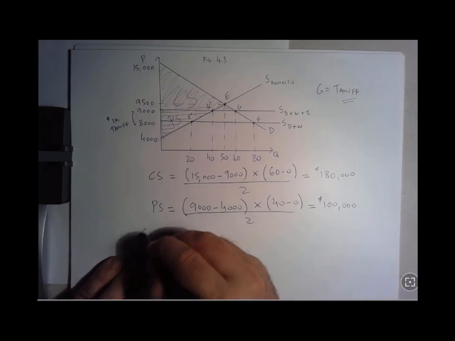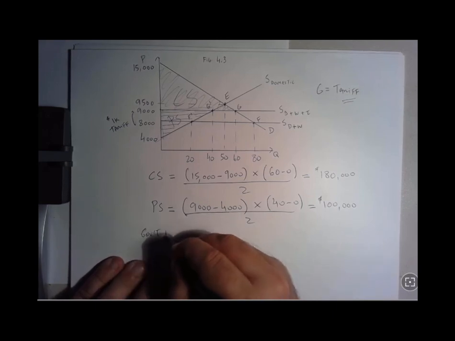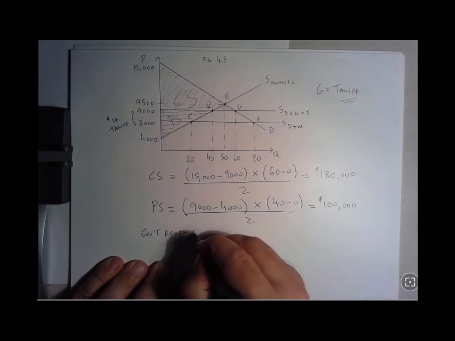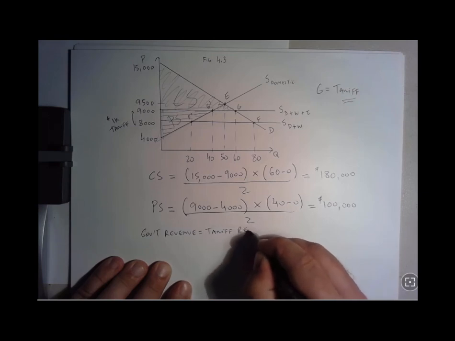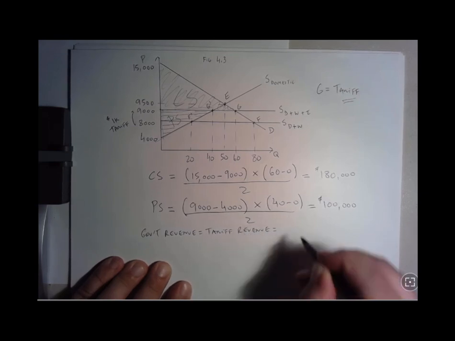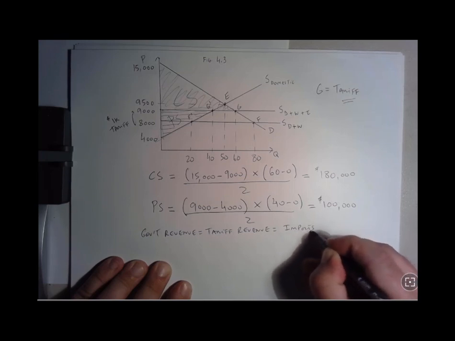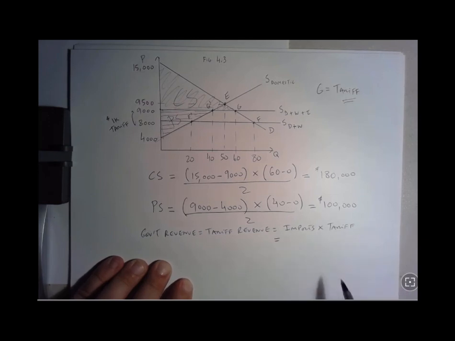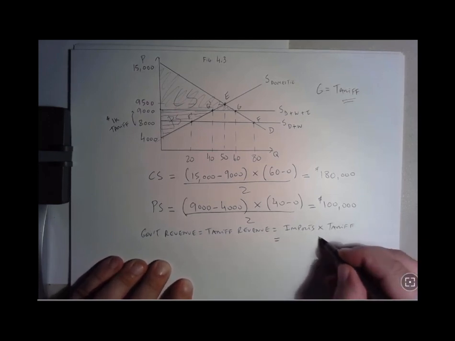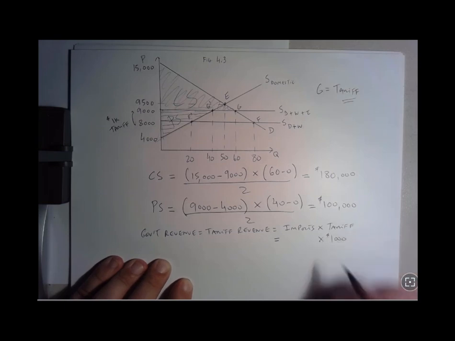So there is a government revenue, which in this case is equal to the tariff revenue, which is equal to the amount of imports times the tariff per import. This is a specific tariff because it's $1,000 per unit imported. Remember that the difference is an ad valorem tariff, is a percentage of the value of the good. This is a specific tariff, a specific dollar amount per unit imported.